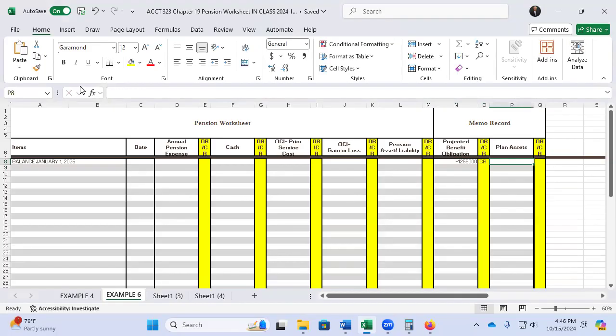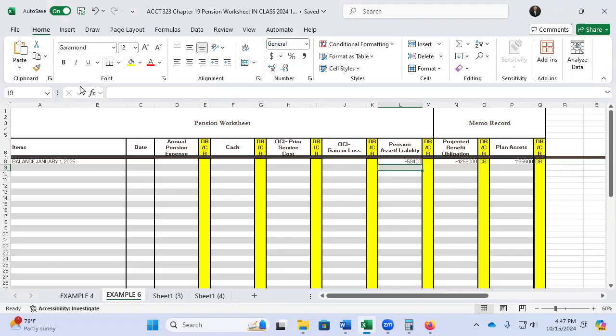And it tells us our plan assets are 1,195,600. No, that's going to be a debit. So now we figure out whether or not we've got a liability or an asset. And in this case, we have a liability.